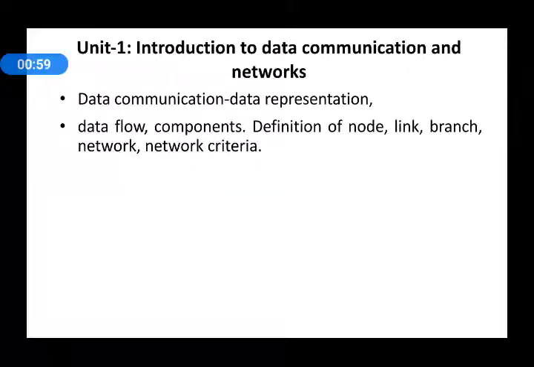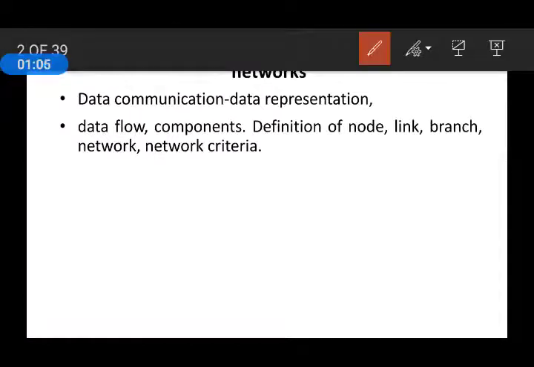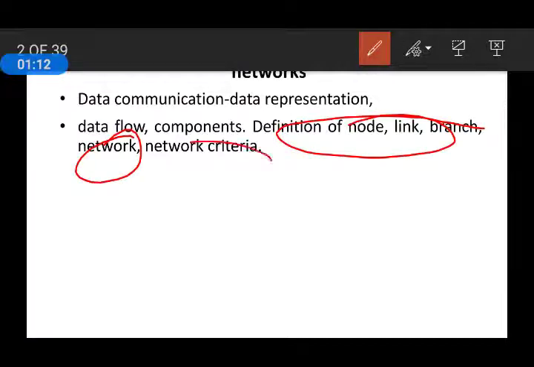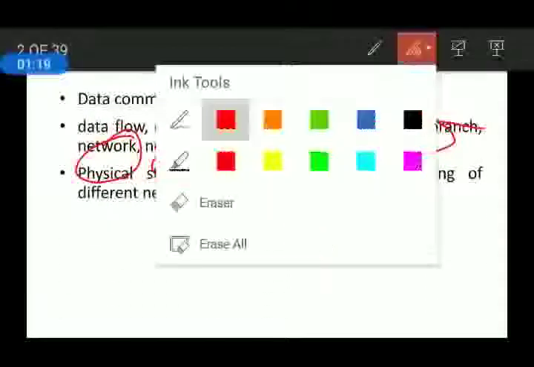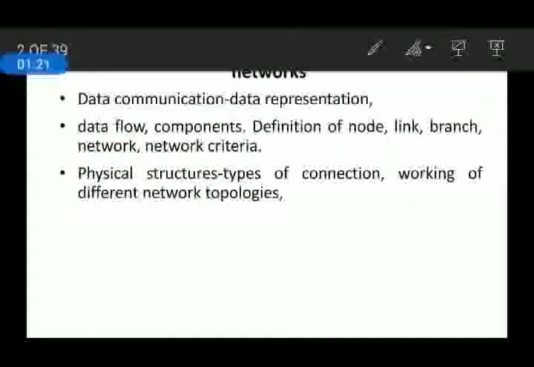After that, data flow, that is how the data flows, and what are the components of data communication, and then definition of nodes, node, branch, link, etc. Then what is network criteria we will be studying. Then physical structures, types of connection, working of different network topologies. In this chapter we will cover that.